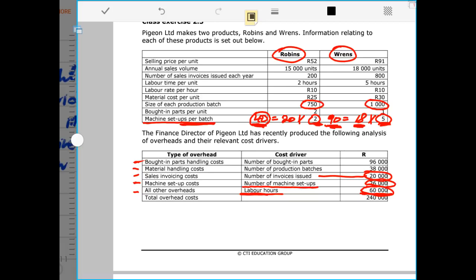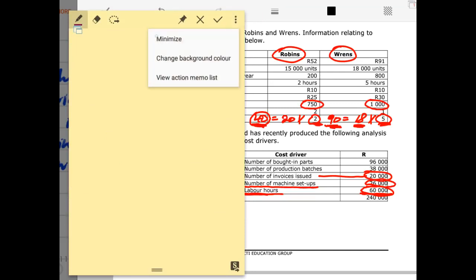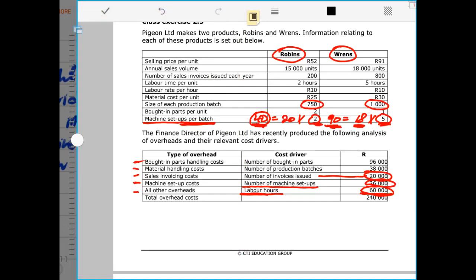We are told that our labor time per unit is 2 hours and 5 hours for Ruben's and Ren's product respectively. So if it takes 2 hours to complete 1 unit of Ruben, and we produced 15,000 units, it means 15 times by 2 will give us 30,000 hours.